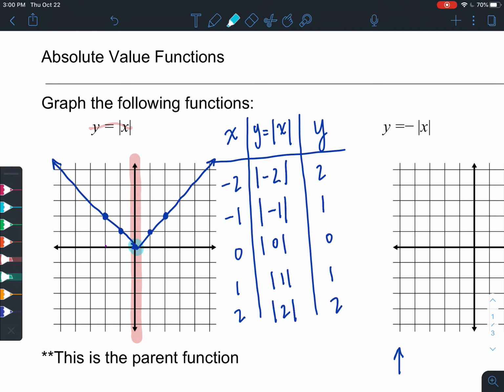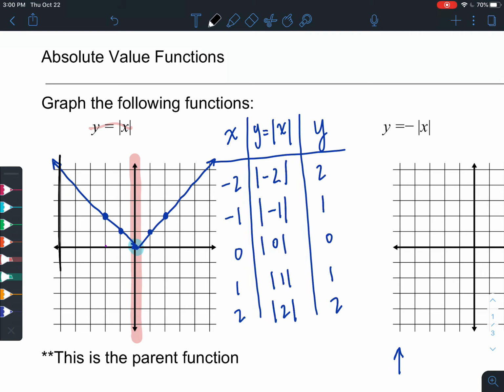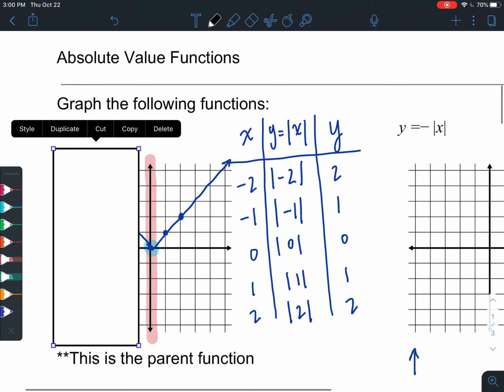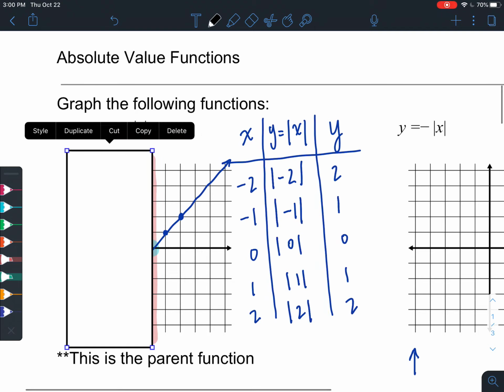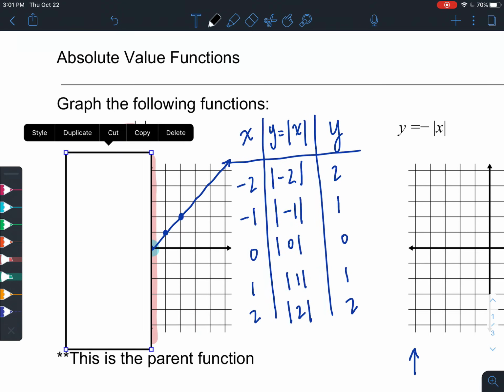I also want you to notice that if I were to block off this part of my graph, maybe, it's just a line. But then because of the axis of symmetry, we get both parts. So this is just a line.